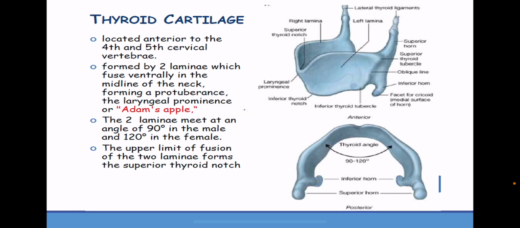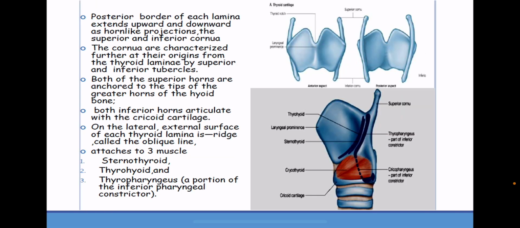The superior limit of fusion of the two laminae forms the superior thyroid notch. The posterior border of each lamina extends upward and downward as a horn-like projection, the superior and inferior horns. Also attached are three muscles: sternothyroid, thyrohyoid, and thyropharyngeus.